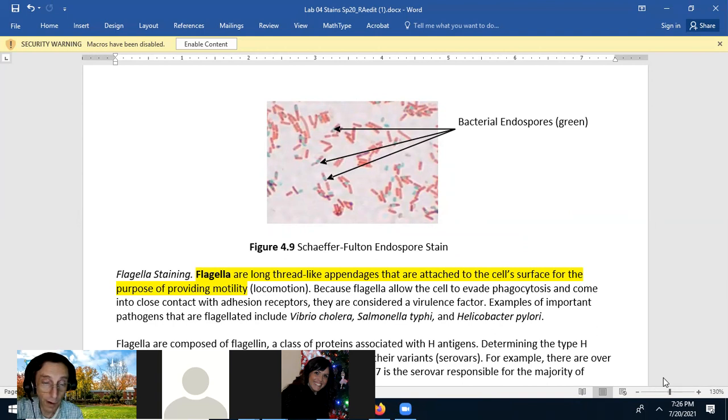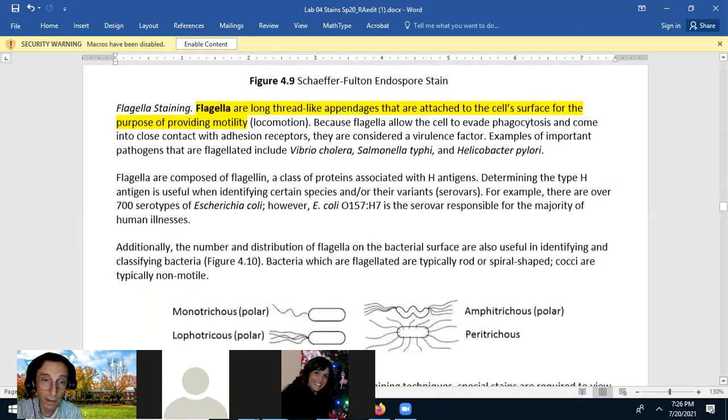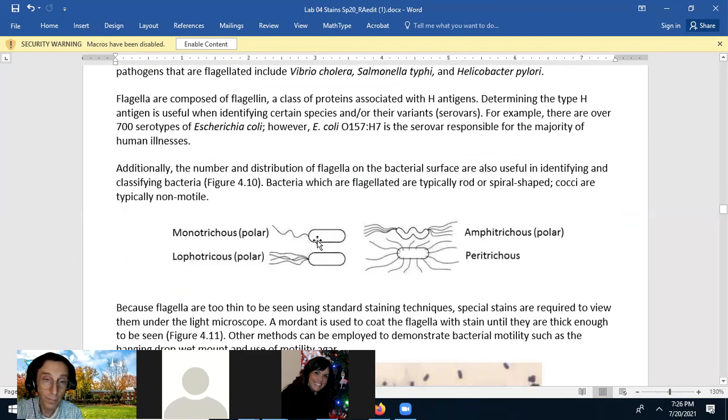However, they're too small to be picked up by most stains, so under the light microscope we will not see the flagella unless you use the flagella stain. Usually the flagella stain coats the flagella many times, and then it makes it visible under the light microscope.